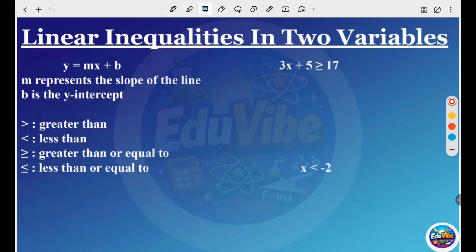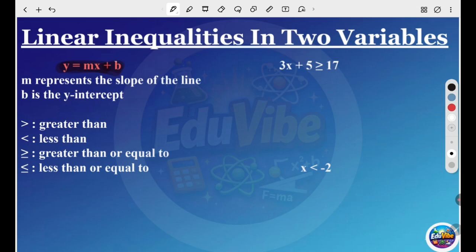Firstly, we're doing the linear inequalities in two variables. So this one, you all know, is the standard function, where we can see that this is for the graphs. When we make the graph, it looks like this type of equation.